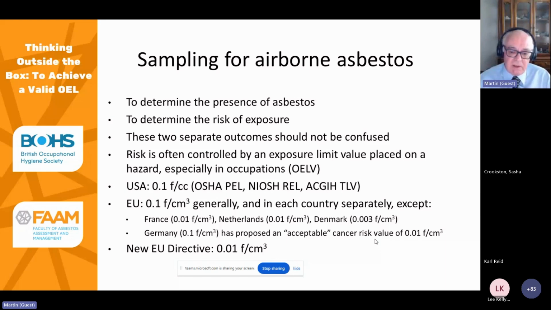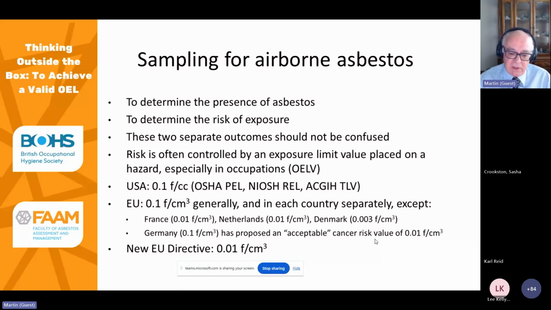In the USA, our limits are 0.1 fibers per cc, and currently in the EU, it's generally 0.1 fibers per cubic centimeter, and each country separately has its own limits, which are the same, except that a few countries already have a lower limit. And there's this new EU directive to 0.01 fibers per cc.